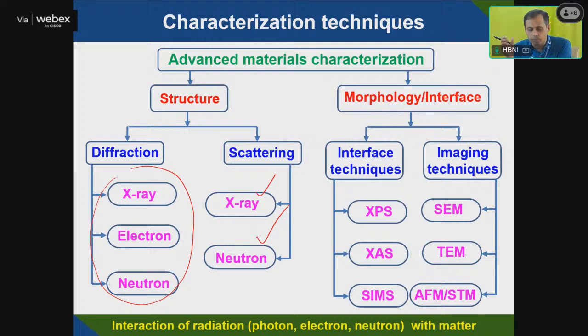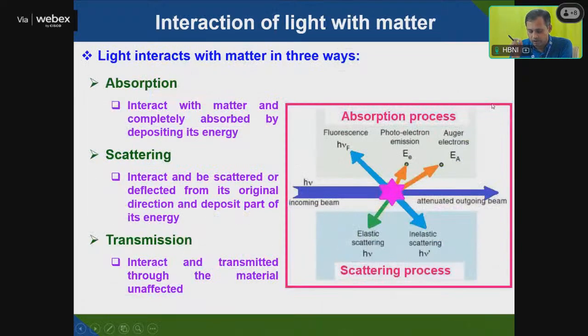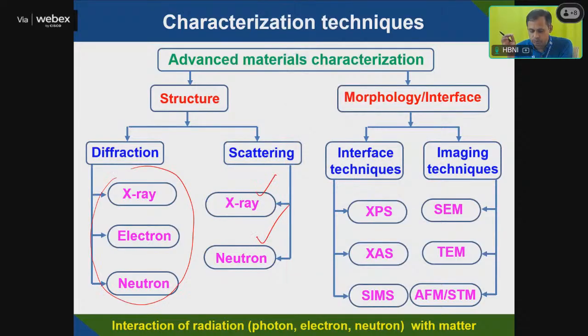When you come to morphology, we will use either interface techniques, for example XPS, X-ray photoelectron spectroscopy, or X-ray absorption spectroscopy, or secondary ion mass spectroscopy, SIMS, to gather surface information.